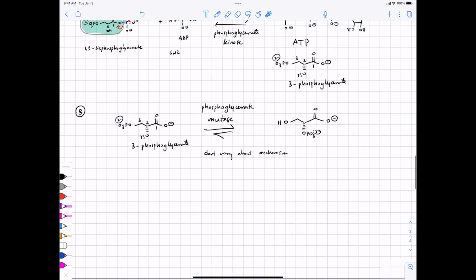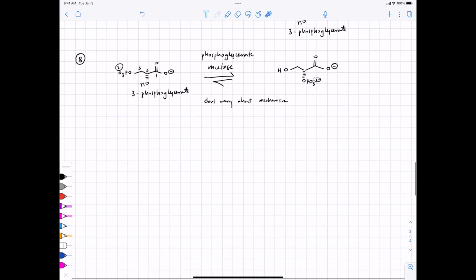All right, step 9. Step 9 is going to be an elimination step. The enzyme that catalyzes this is called enolase.